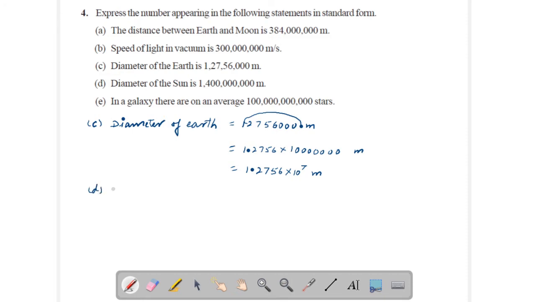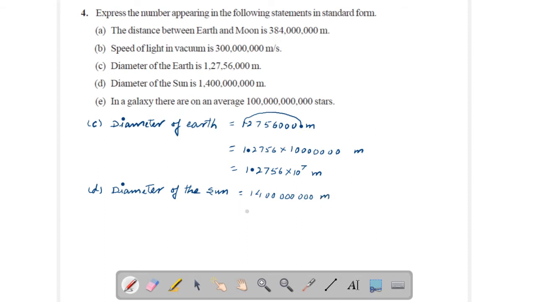Diameter of the Sun. It is equivalent to 14 followed by zeros, 1,400,000,000 meter.